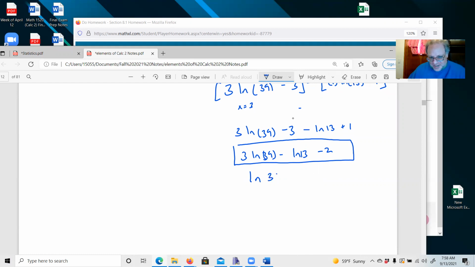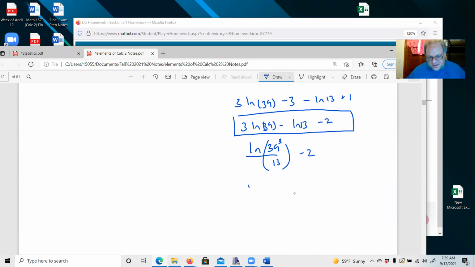This would be 39 cubed over 13, minus 2. 39 cubed is 39 times 39 times 39, over 13, which is natural log of 39 times 39 times 3 times 13 over 13, minus 2.